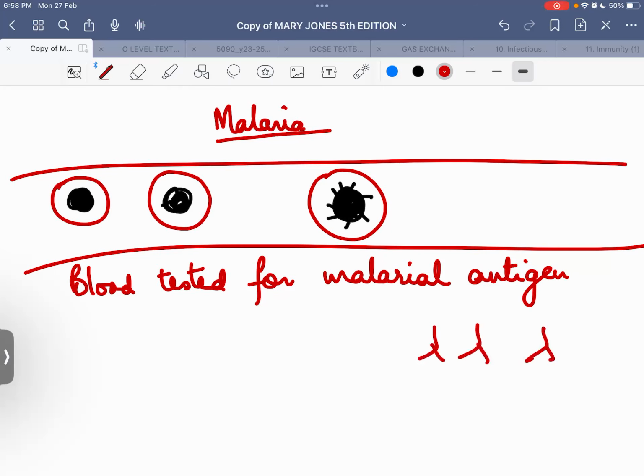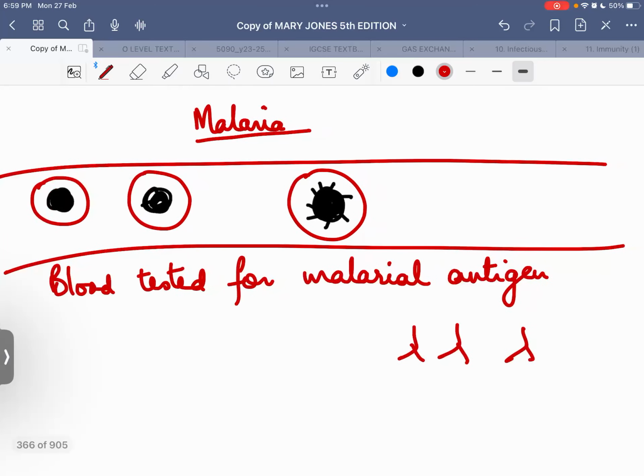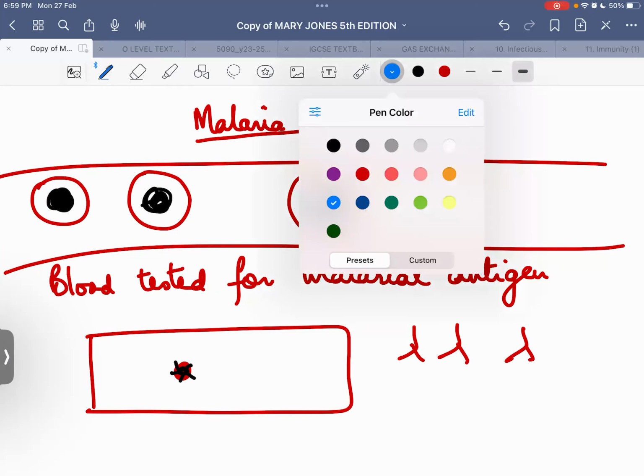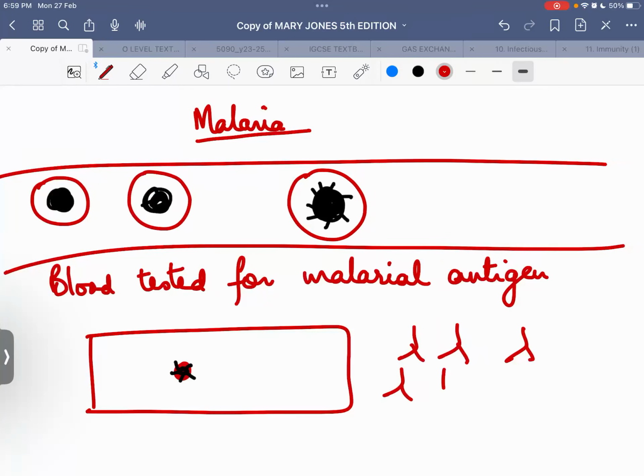technique, हम इस पेशेंट का ब्लड ले लेते हैं, drop of blood, we take a glass slide, there is the drop of blood, और अगर इस ब्लड के अंदर ये malarial antigens हैं, right, the antigens are there, and if we have the specific antibody, ये वाली antibodies, we will use these monoclonal antibodies, ये जाके antigen antibody complex बनाएंगी and the reaction will be positive.